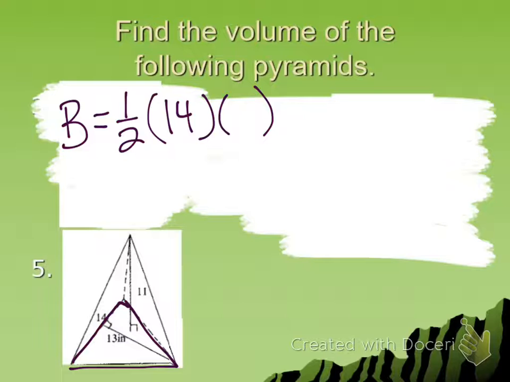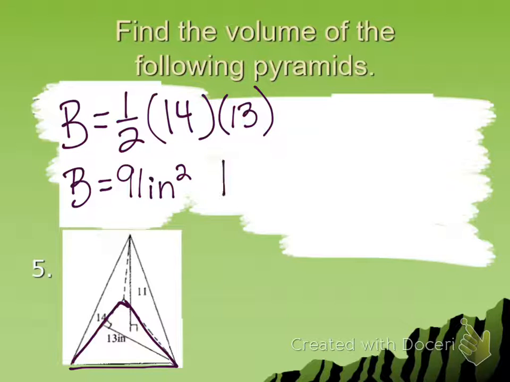Times h for this triangle is what? 13. So when we take 1/2 times 14 times 13, this is 91. 91. My units? Inches squared. Inches squared. Wonderful.